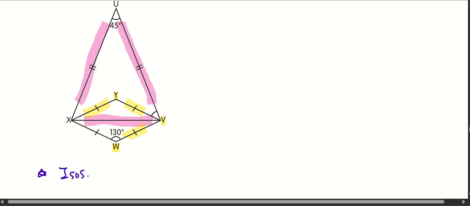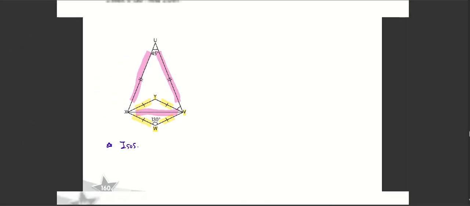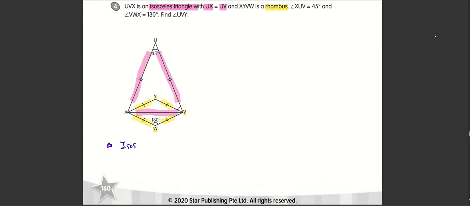So you see the lines drawn here, the yellow highlighted lines, these are the equal lines for the rhombus, and that brings us to the isosceles triangles that you can identify in the rhombus as well. So the next property we need is the rhombus properties.